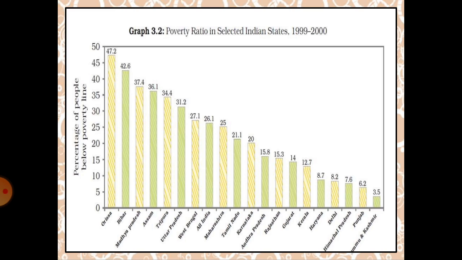Only then will they not come under the poverty line. If they are earning less than that, they will be included in the poverty line. Similarly, families in urban areas need to earn 5000 per month. Only then will they be above the poverty line. Otherwise, they will be below the poverty line.